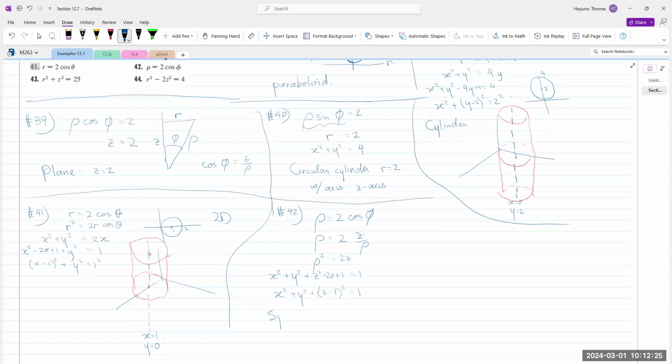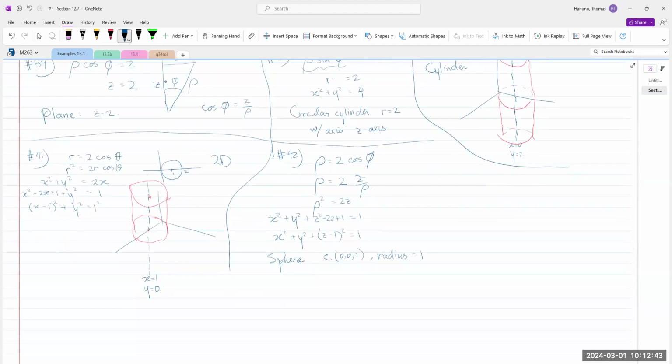This is a sphere centered at (0, 0, 1) with radius 1. So it is kind of like a ball sitting on the xy plane.